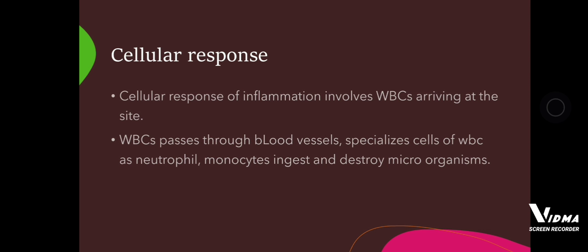First is vascular and cellular response. We have seen vascular. Now the cellular response of inflammation involves WBC arriving at the site. After the vasodilation, blood flow will be increased, blood stream will be slow, and capillary permeability will increase. After that, WBC will arrive at the site of infection or injury.